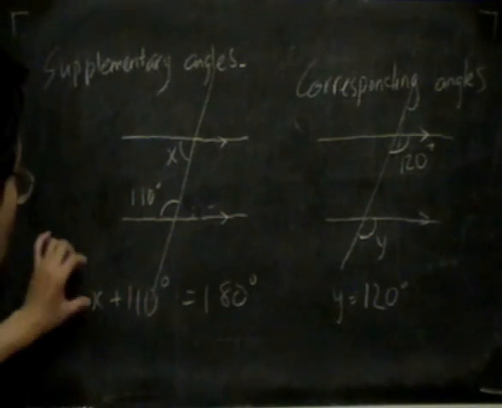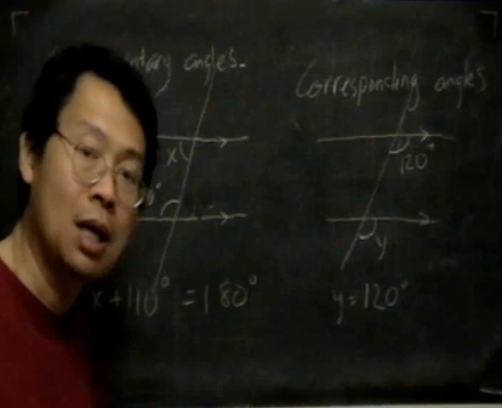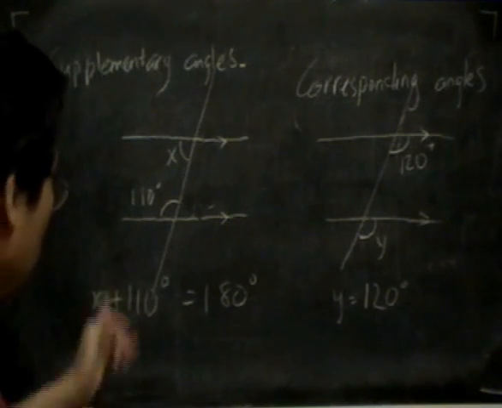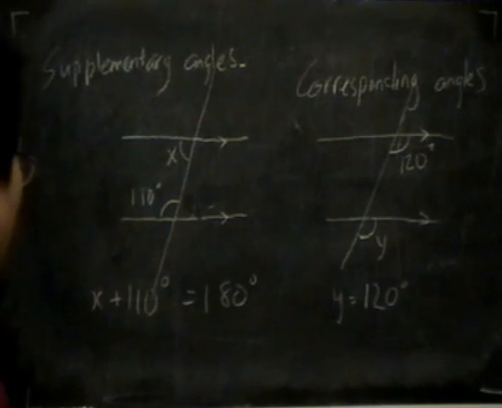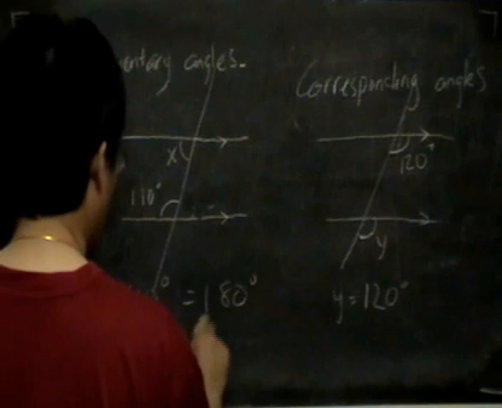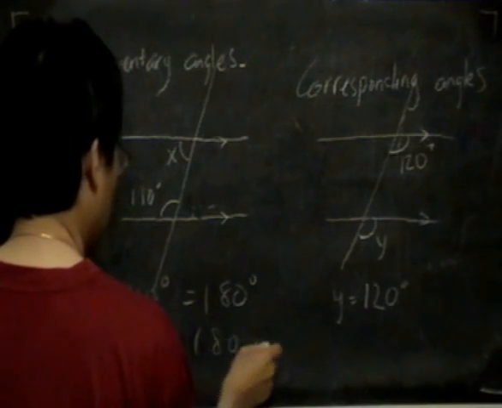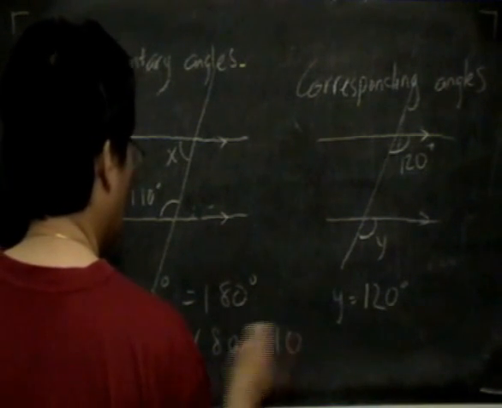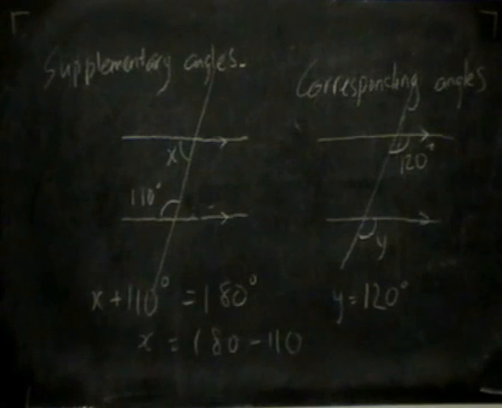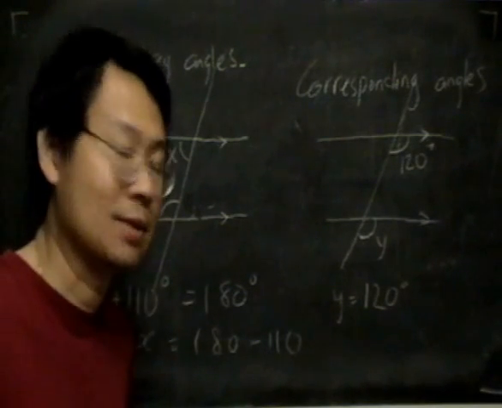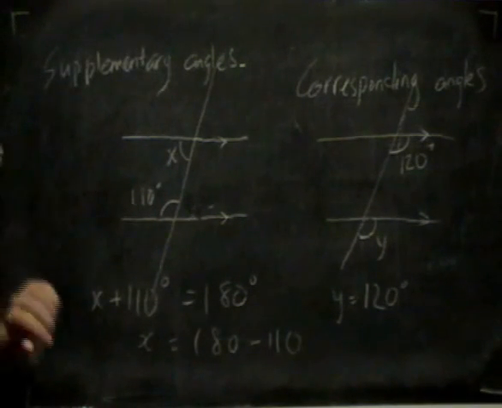Okay, supplementary means that they add up to 180 degrees, and therefore you can find x. X must be 180 minus 110. That's 70 degrees. Supplementary angles.